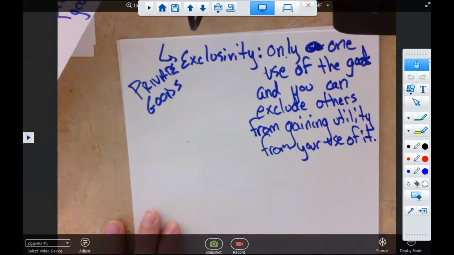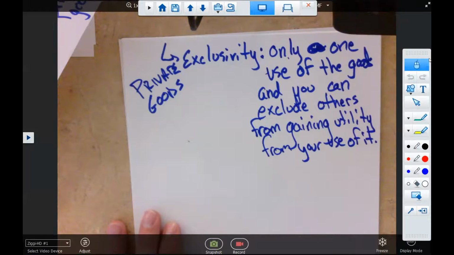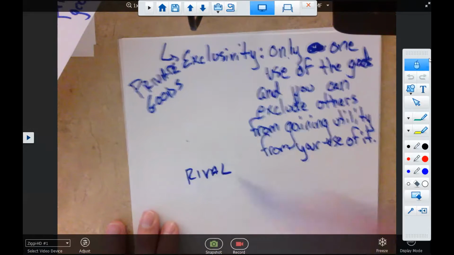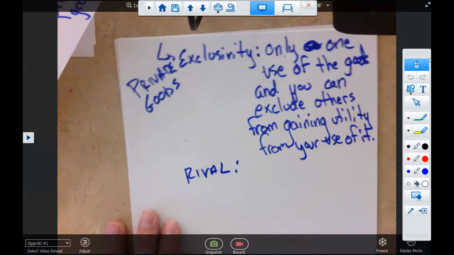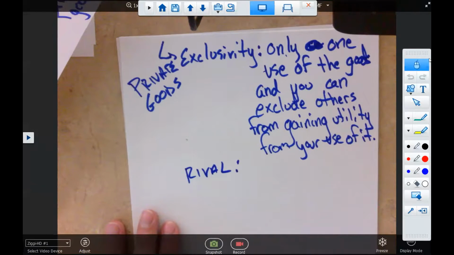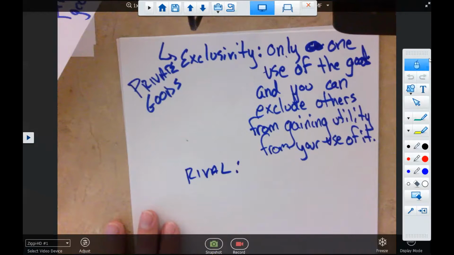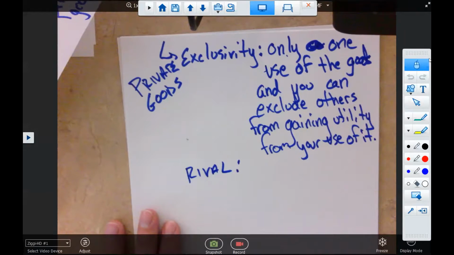And then what else? They're rival. And so what does rival mean? So I always like to think about internet piracy, right? It's non-rival. My use of that song doesn't prevent the consumption of that song by another person, right? So a pizza is rival.